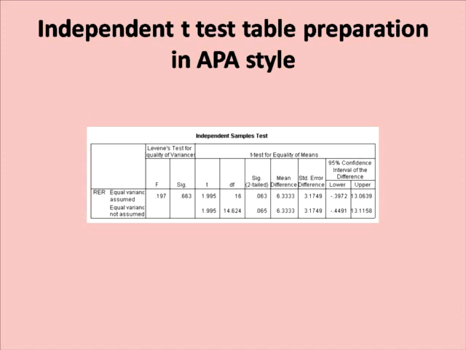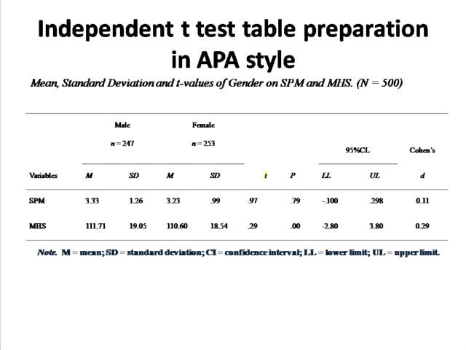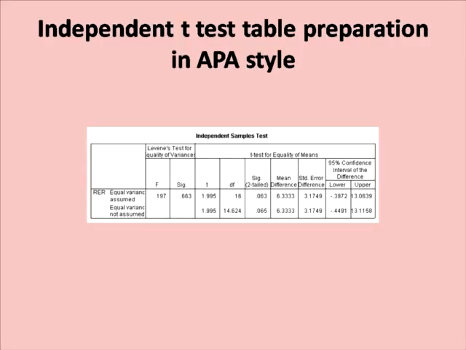All your variables have their own CI, T, and P, and you pick them from here and put them there. Lower limit here, upper limit here, P here, T here.